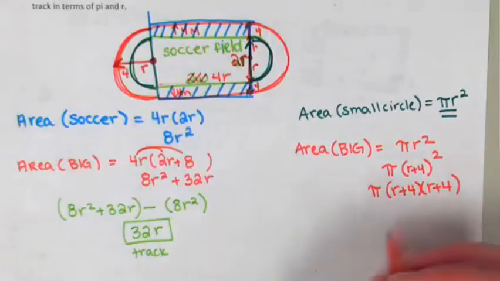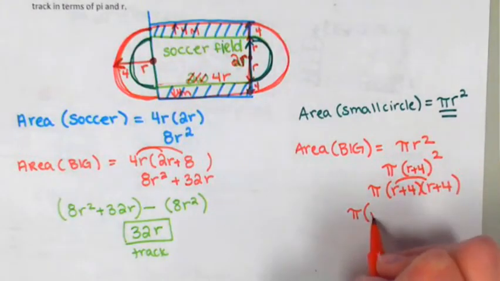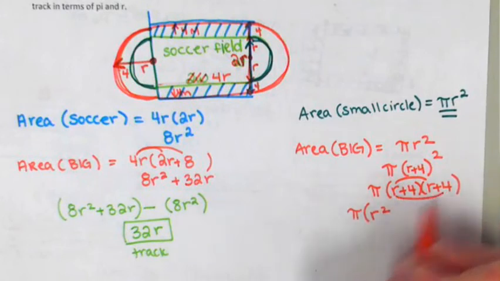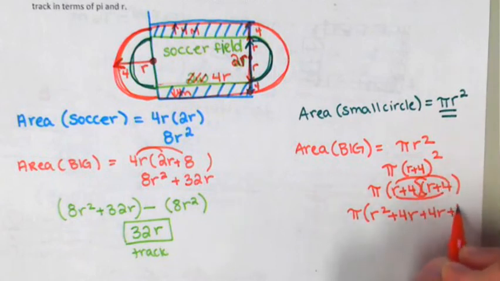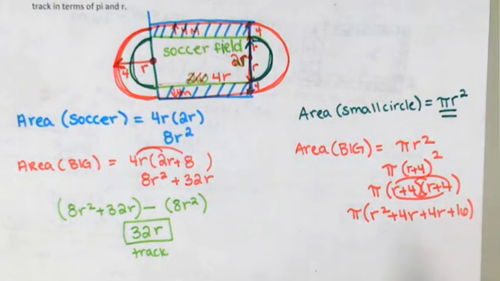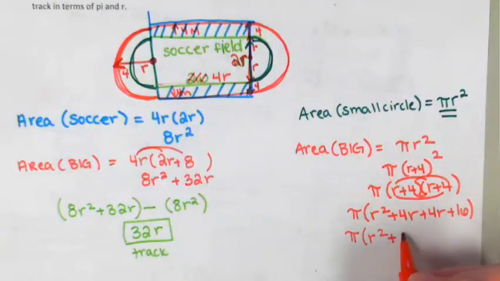I have to FOIL it, right? So I'm going to leave the pi on the outside. So what's R times R? What's R times 4? 4 times R? And 4 times 4. All right, so what do I get inside there? R squared plus 8R plus 16.